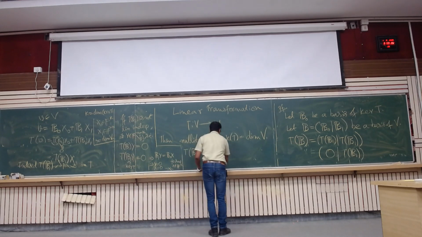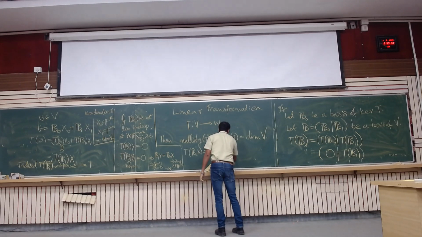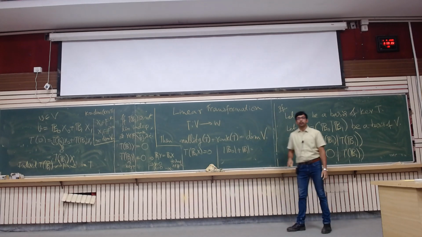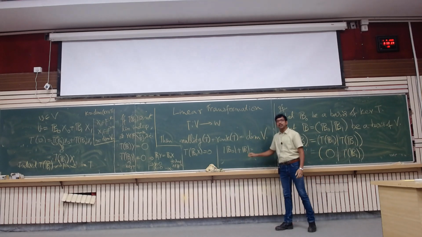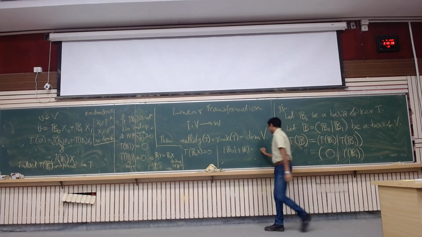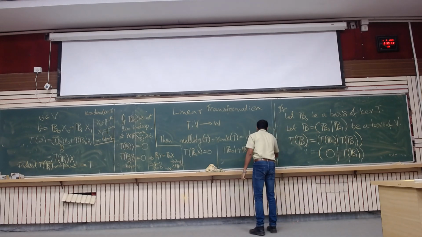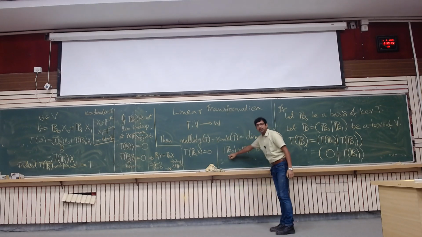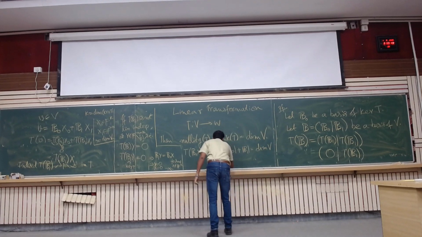Okay, now consider these two cardinalities. What do they add up to? The cardinality of B0 and B1 is the dimension of V, right? And this one is just the nullity of T, the dimension of the kernel.